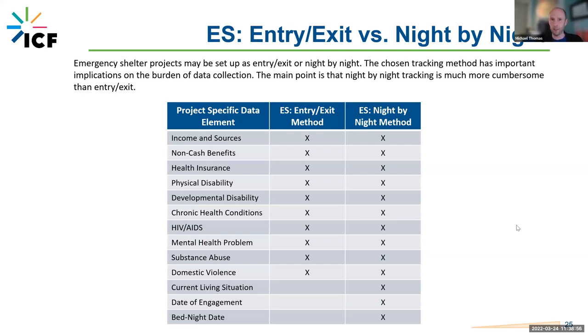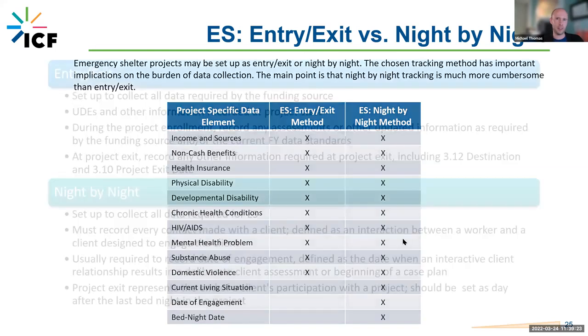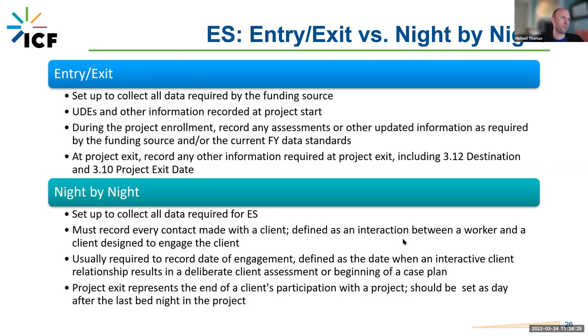As you can imagine, it is hard to determine that exact date. And the people who are actually on the ground doing the work often are not as concerned. They're people. They want to work with their clients. They're not as much worried about the technical aspect of that data element. And that just lends itself to poor data quality. So if a shelter is set up by entry exit, you avoid all of the issues I just went through. Main point there: it's really difficult to collect data with the night by night setup.